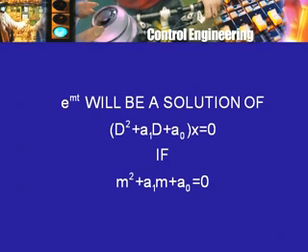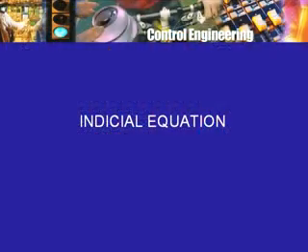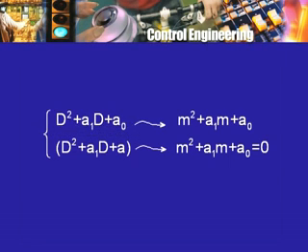m satisfies this condition. This condition in mathematics texts is sometimes known as the indicial equation, meaning it is an equation for the index or the exponent, and the indicial equation is very easily obtained. I have the operator D squared plus a1 D plus a0.